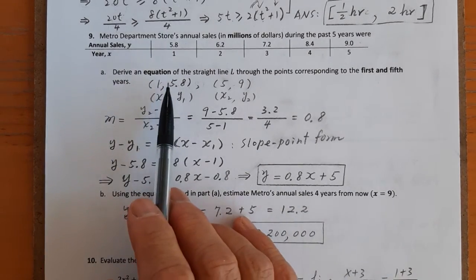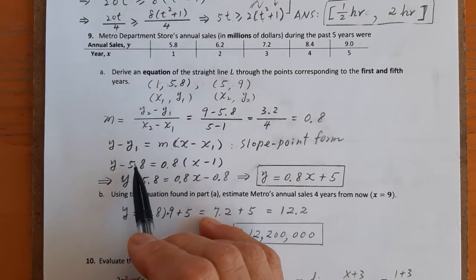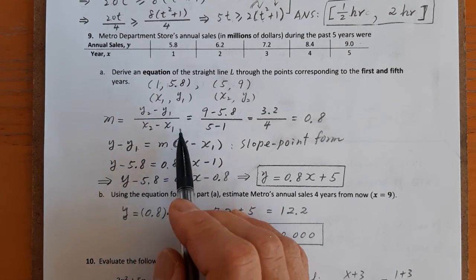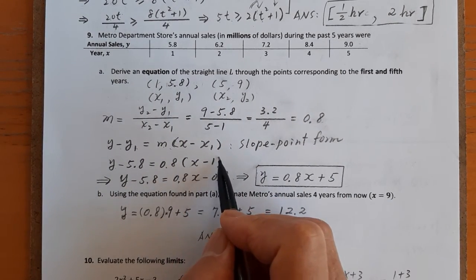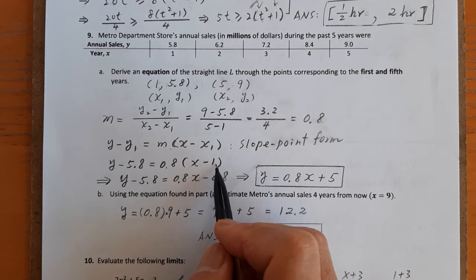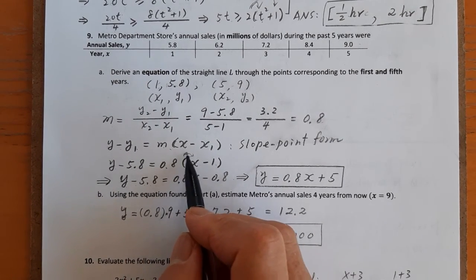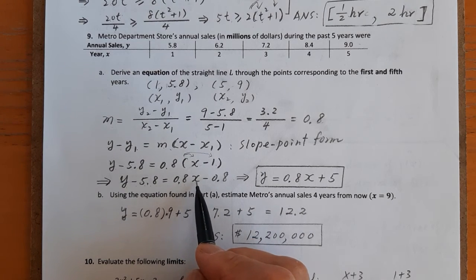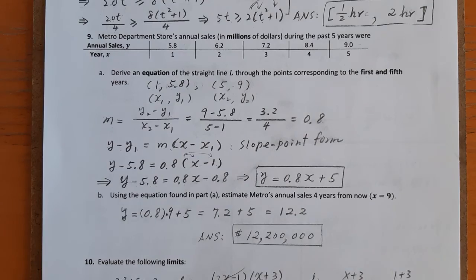If I pick this point, y minus 5.8 equals slope 0.8 times parenthesis x minus 1. Then you get y minus 5.8, distributing in, 0.8x minus 0.8.